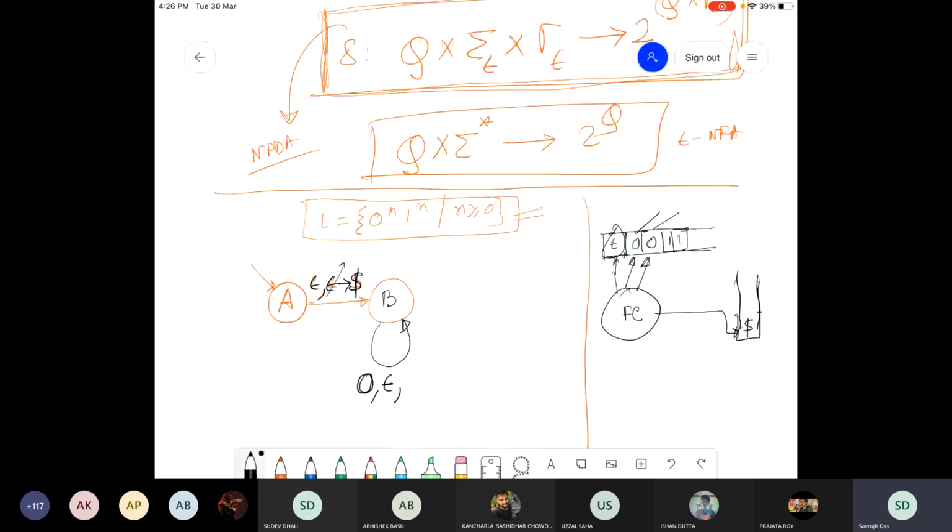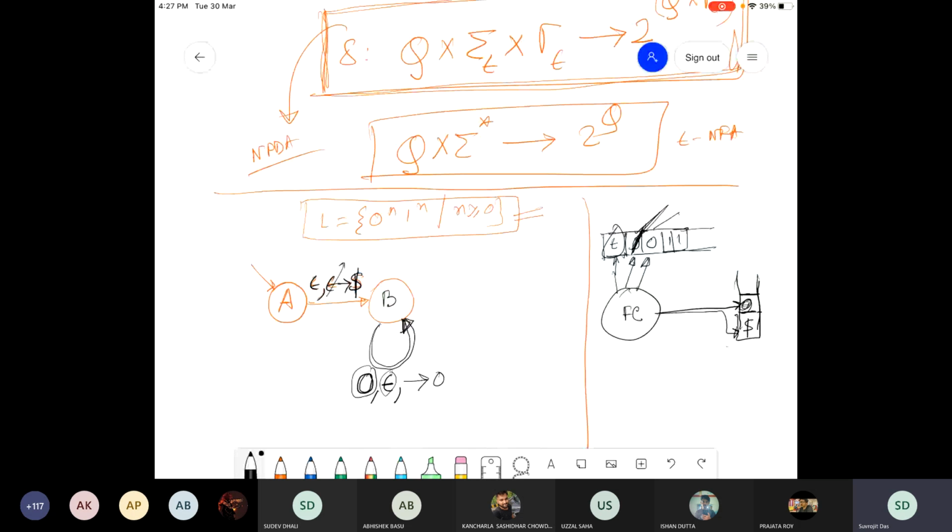Once you have pushed the dollar sign, the pointer is here. It is empty. Once you see a zero and an epsilon here, you push a zero, and do this as long as you see a zero and remain in B. Does it make sense? Yes.